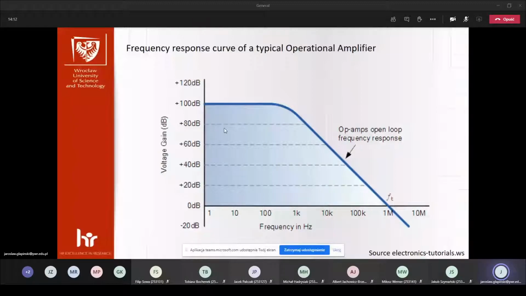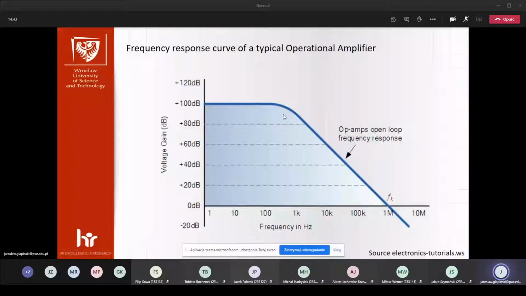So it does not have infinite frequency response. This is a typical characteristic of the amplifier. We can see that it works well up to, let's say, 1 kilohertz. For frequencies higher than this, the voltage gain drops off.